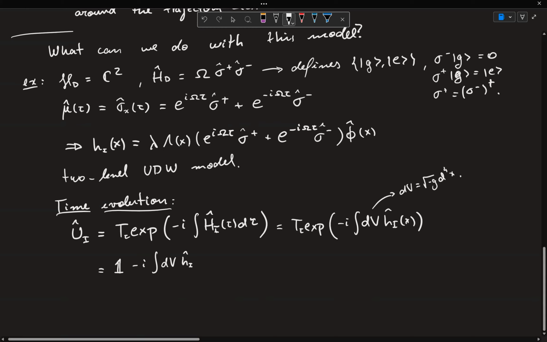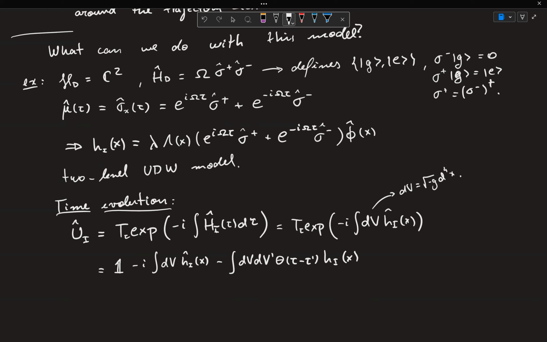But then we get the Dyson series. I am writing it in this specific form in which I use a Heaviside theta to do the nested integrals.